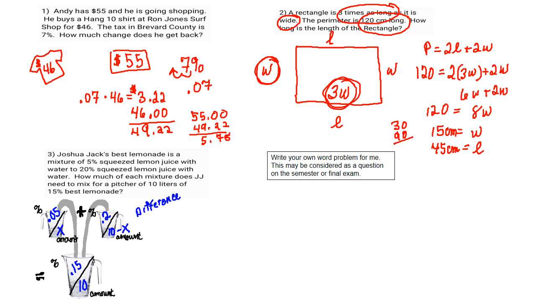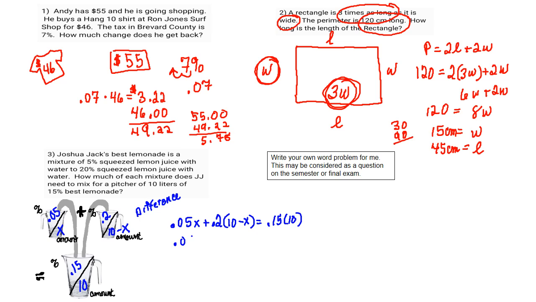So now we're just going to set up, based on what we're doing, adding the 2 together to get the result. So 0.05x plus 0.2 times 10 minus the x equals what we ended up with, the 0.15 of 10 liters.